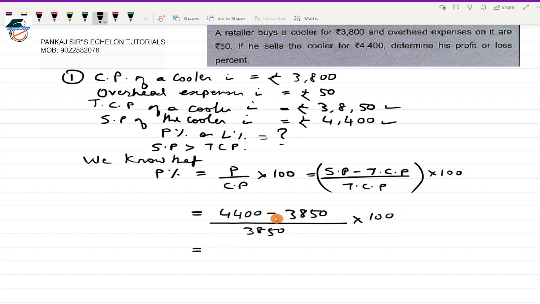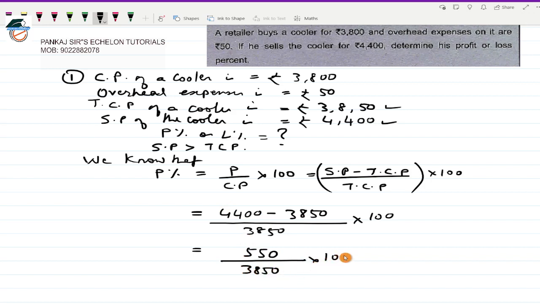Now 4400 minus 3850: 0 minus 0 is 0, and 0 minus 5, so 10 carried, 10 minus 5 is 5, and then this is 3, so 13 minus 8 is 5 again, and then 3 minus 3 is 0, so it will be 550.